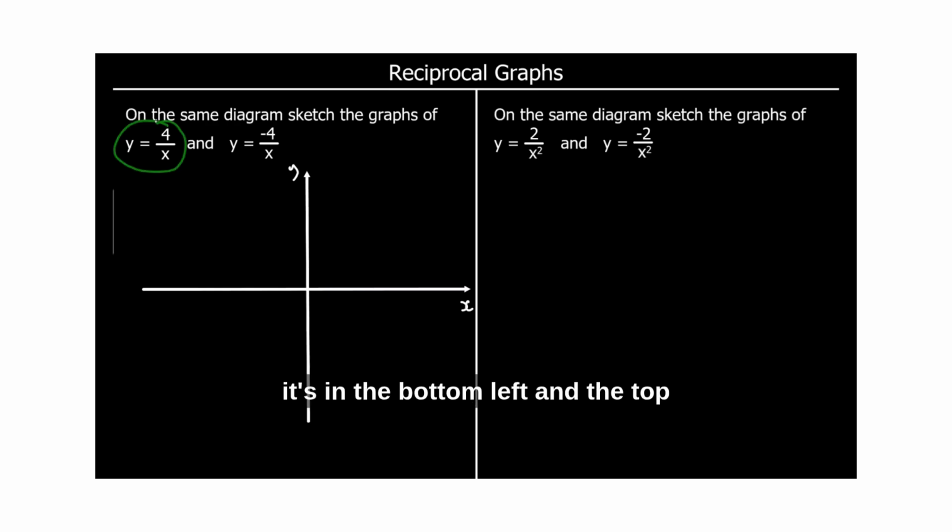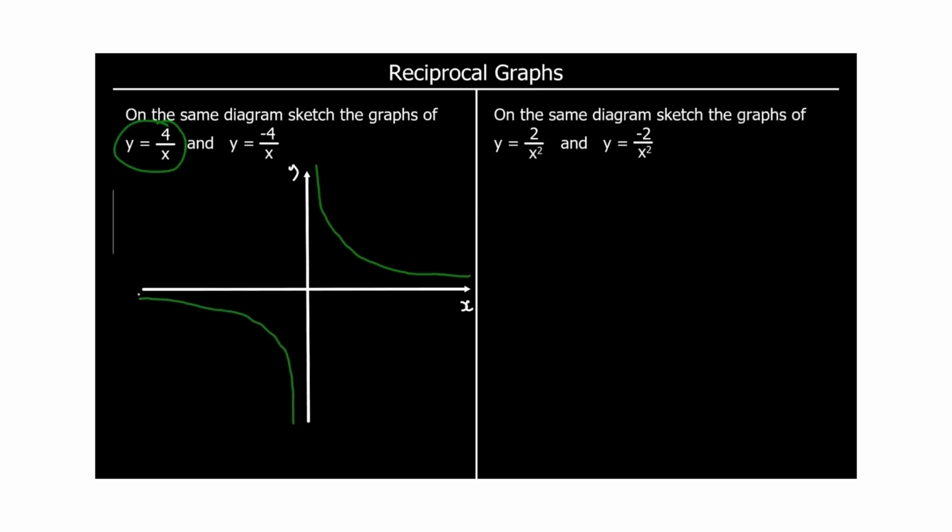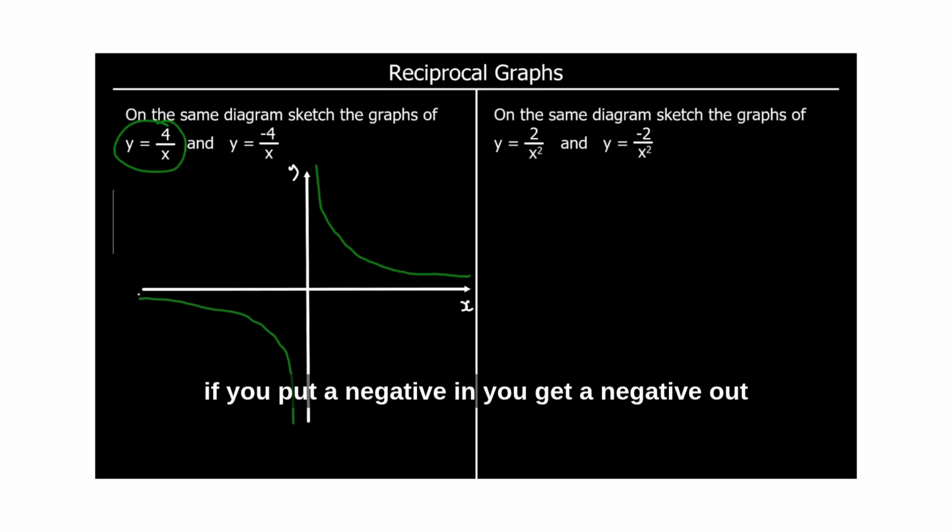So it's in the bottom left and the top right. If you put a positive in for x, you get a positive answer out. And it's the same shape. It can never be equal to 0 on the x or the y-axis. And if you put a negative in, you get a negative out.